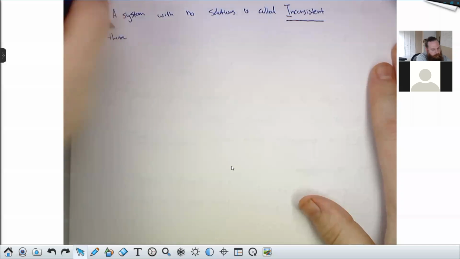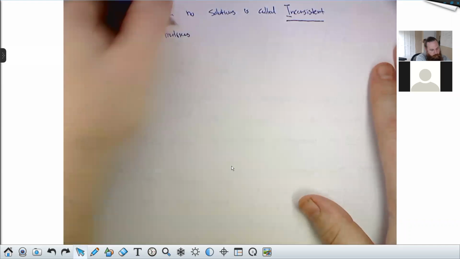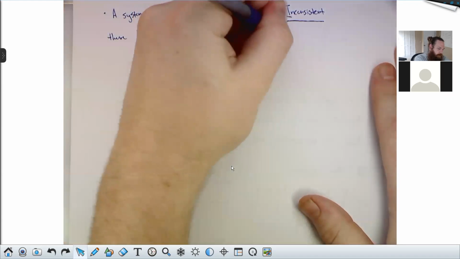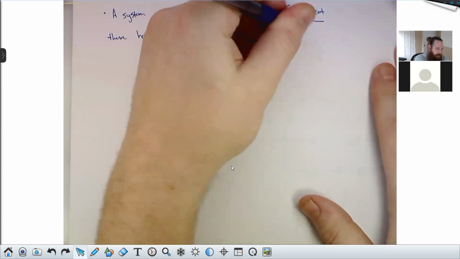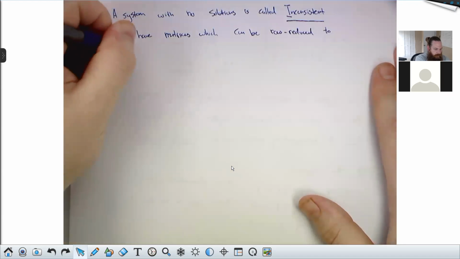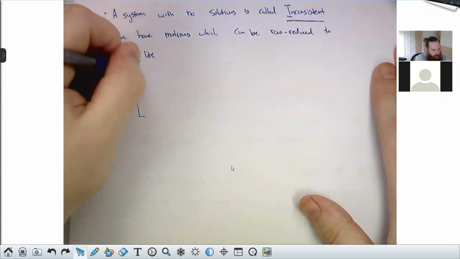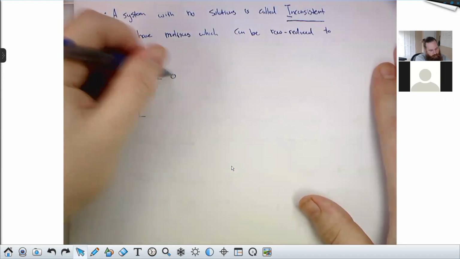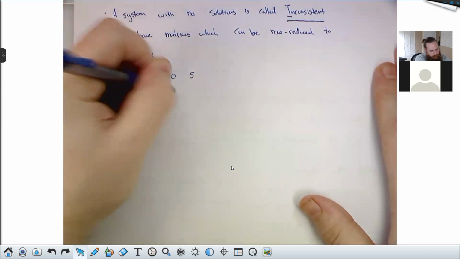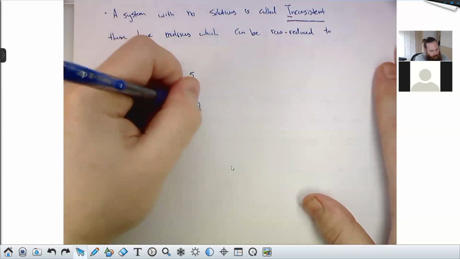These have matrices which can be row reduced to something like 1, 2, 0, 5, 0, 1, 1, 7, 0, 0, 0, 2.